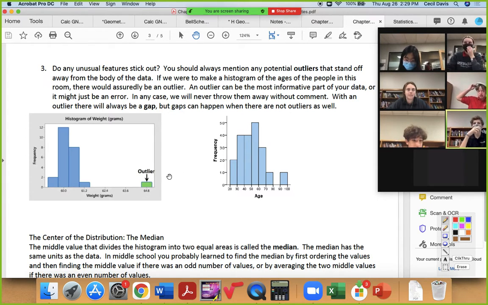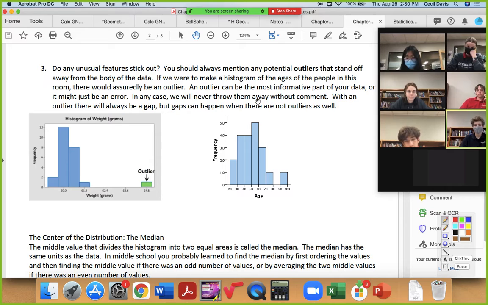So we will come up with some rules of thumb for what we consider to be an outlier a little bit later. But this one, pretty much I would go, yeah, I think that's an outlier, even though this data doesn't have a lot of variation. Now, with outliers, the deal about them is sometimes they're going to tell an interesting story about your data.